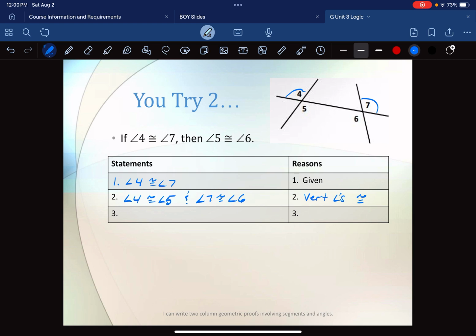Well, I think we're just one step away. In place of 4, I'm going to put angle 5. And in place of 7, I'm going to put 6. And I just used substitution to do that. Okay? And I've got what I'm trying to prove.